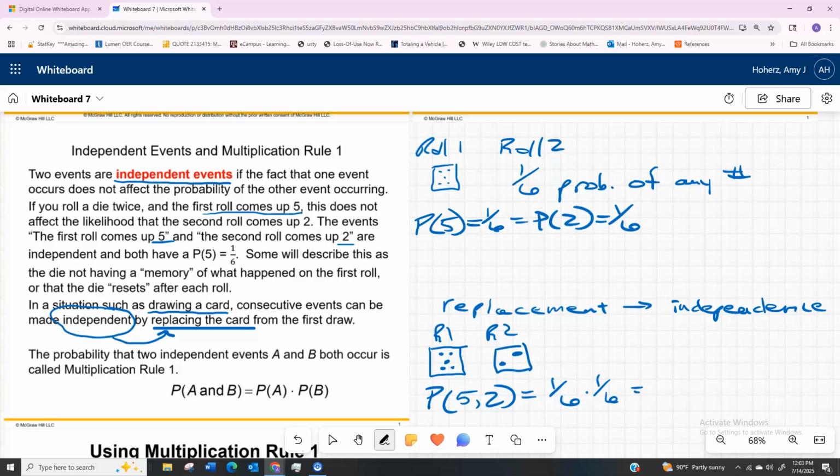And so the probability of rolling a 5, then a 2 is 1 out of 36. 1 times 1 gets us the 1, and 6 times 6 gets us the 36. Again, if you are at all uncomfortable with the fractions, use your calculator, make sure you're getting the right numbers. But when you're multiplying fractions, you multiply across the top, multiply across the bottom. Don't have to have a common denominator with multiplication.